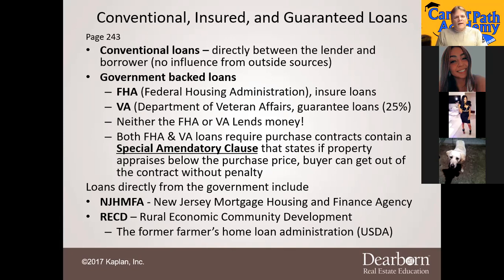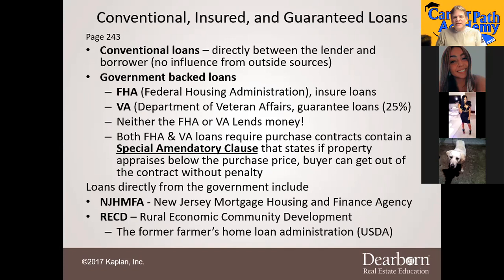All right. Loans directly from the government include those from the NJHMFA, that's the New Jersey Housing Mortgage Finance Agency, and the Rec D. By the way, NJHMFA, they do not give loans. So once again, these are loans directly from the federal government. Well, they're not loans from the government.